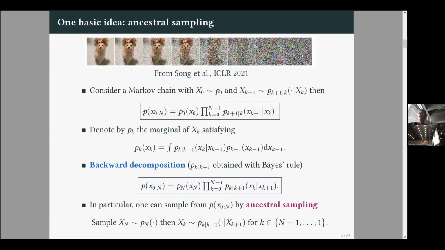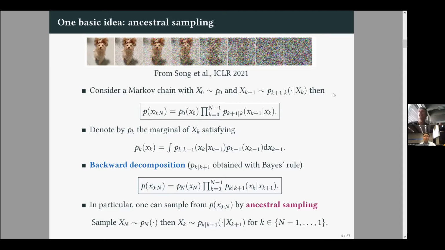It is very easy to go from an image sample to a Gaussian noise sample, but if we could reverse this forward dynamic, it means that we could go back, using ancestral sampling, from a Gaussian noise sample to a sample of an image at time 0.